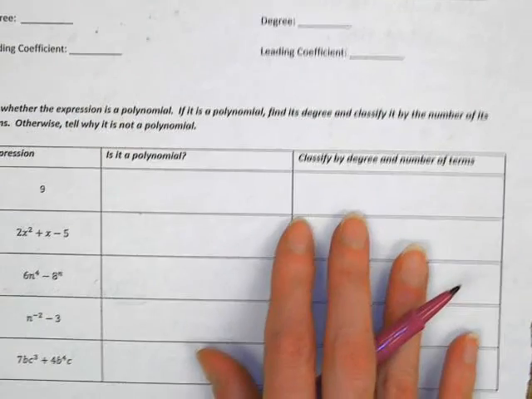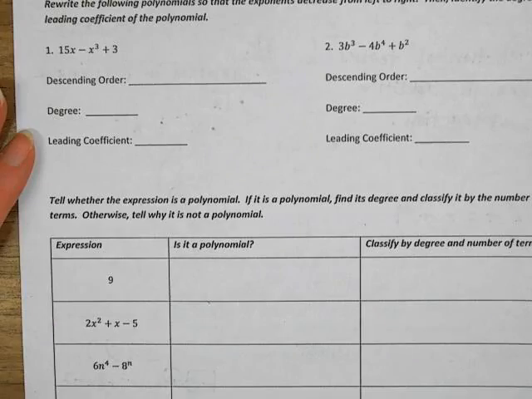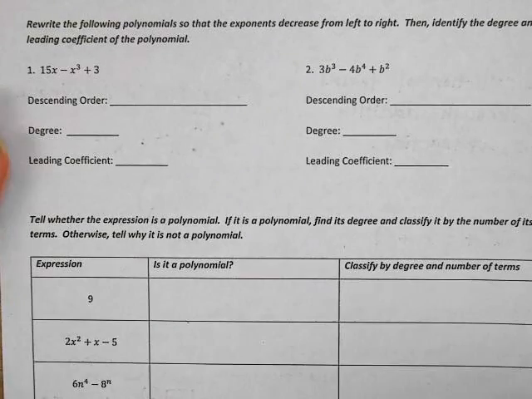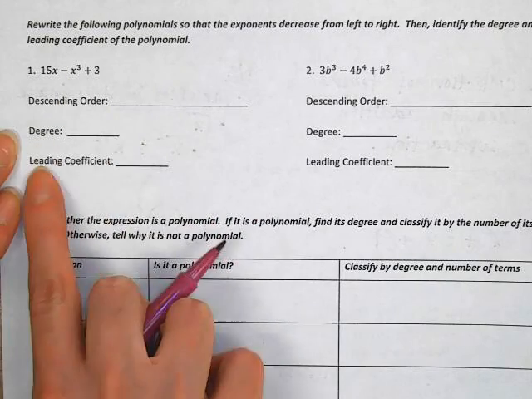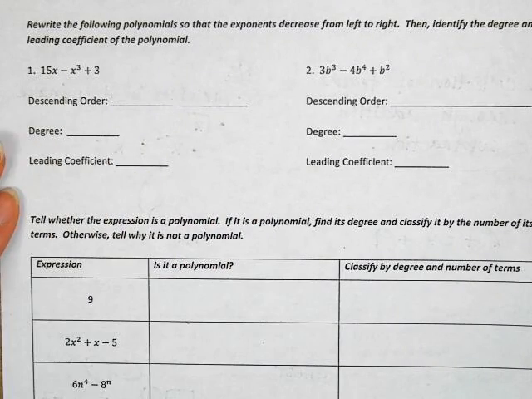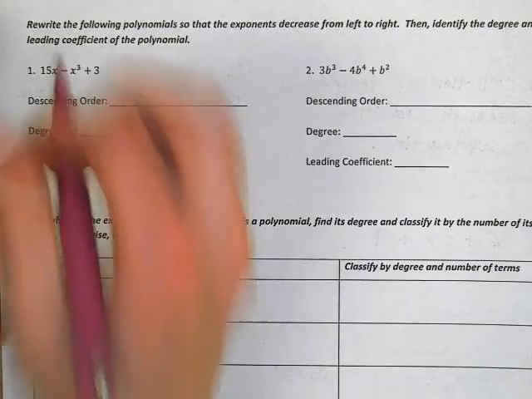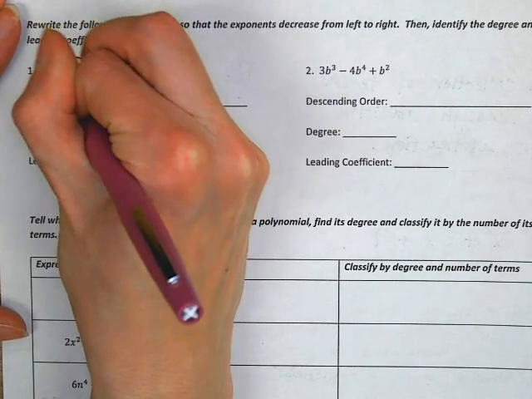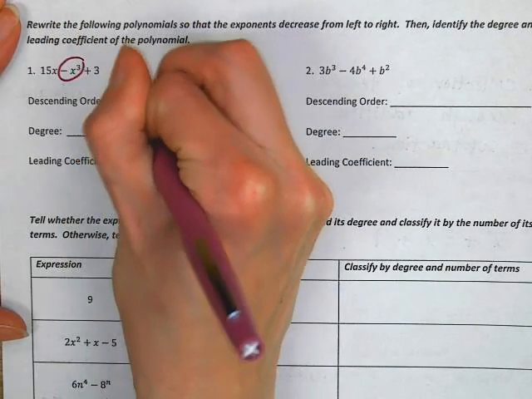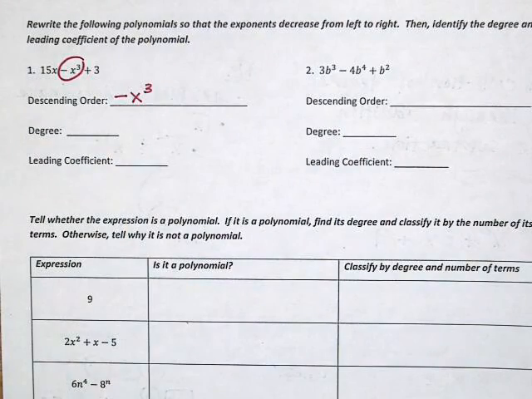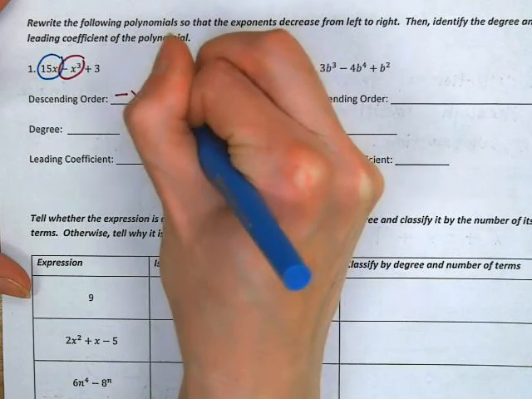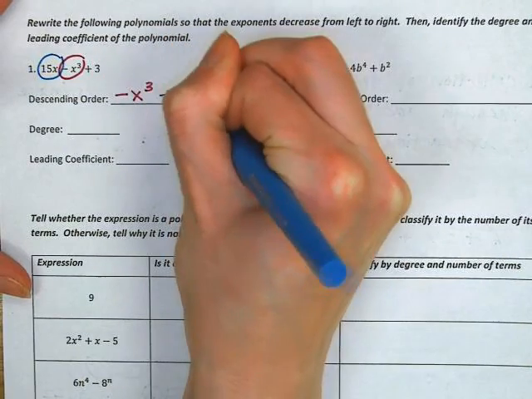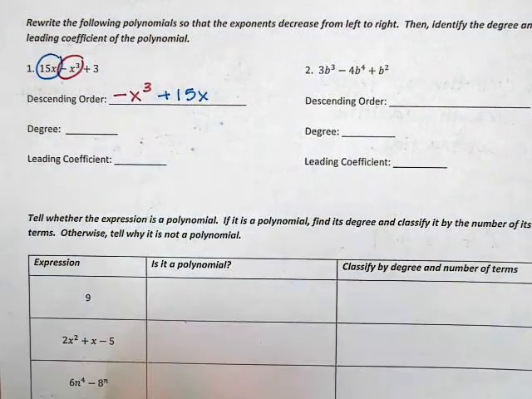Let's practice doing these couple things here. Put it in descending order, tell me the degree, and tell me the leading coefficient. First let's put it in order. The highest powered term we're going to write first, and then we're going to go down the line. The 15x would come next, and any constant will always go last.